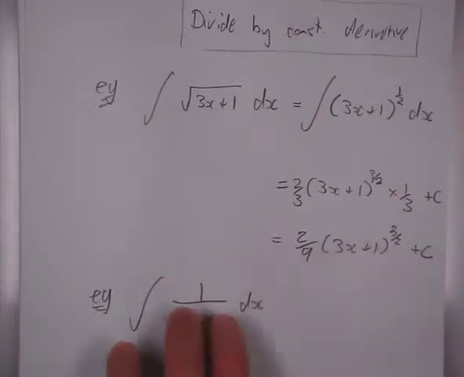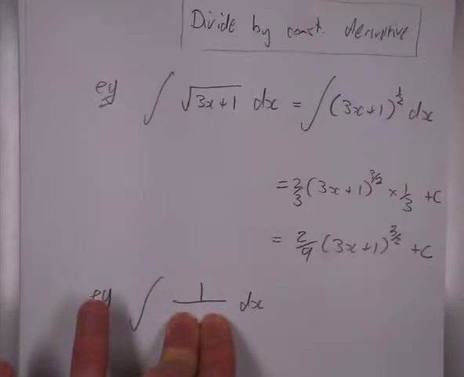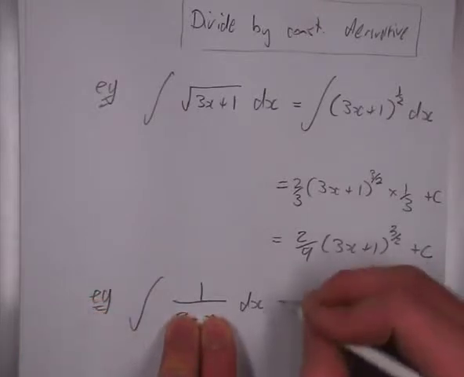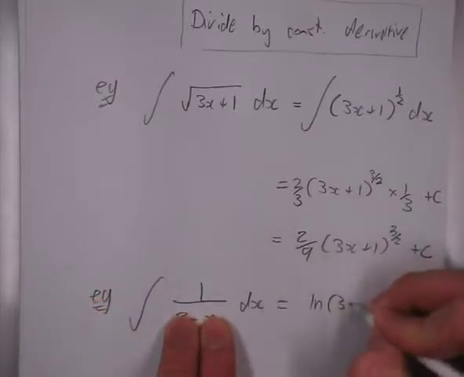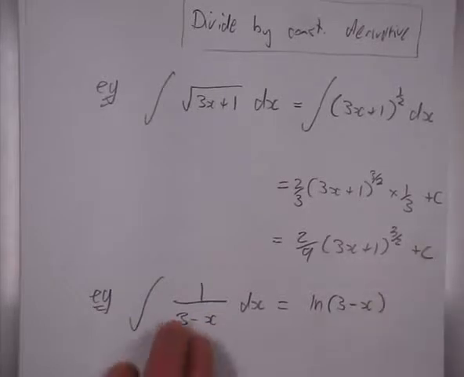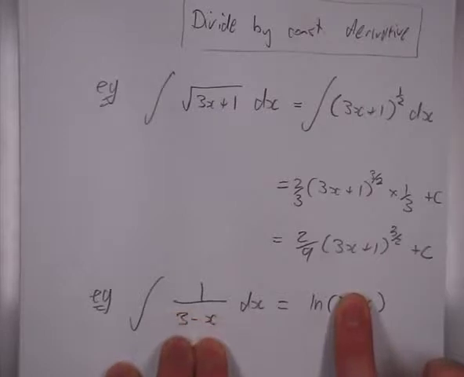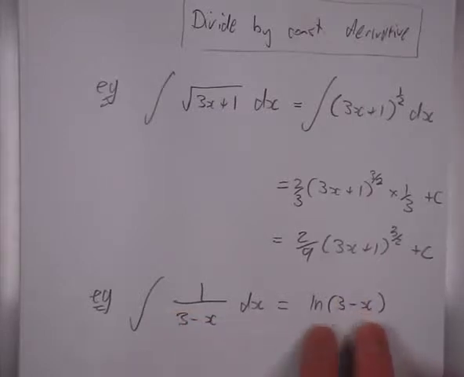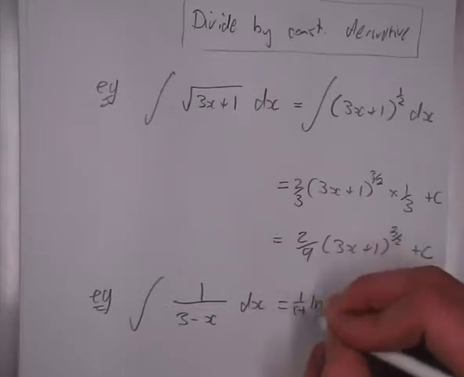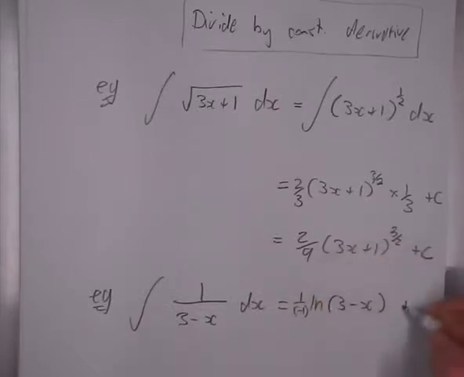If it was 1 on x, then the integral should be ln, right? Okay, so if it was 1 on x, the integral would be ln x, but it's actually 3 minus x, and the derivative of that is a constant, and that constant derivative is minus 1. Because the 3 will disappear, and that will be minus 1. So it's minus ln.